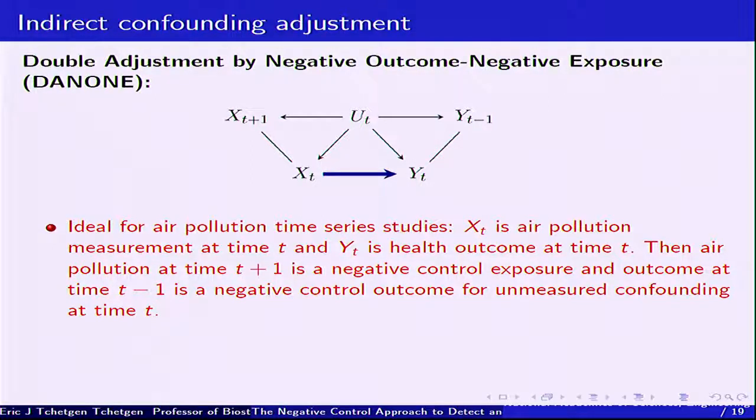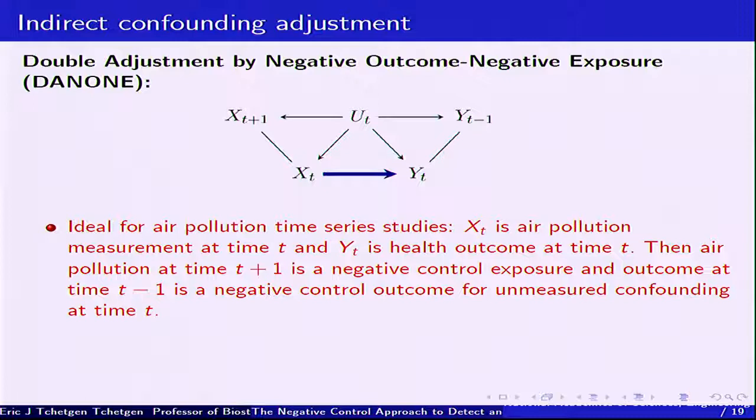One can use, as a negative control outcome, mortality at time t minus 1, and as a negative control exposure, air pollution at time t plus 1, or maybe I reverse it too.